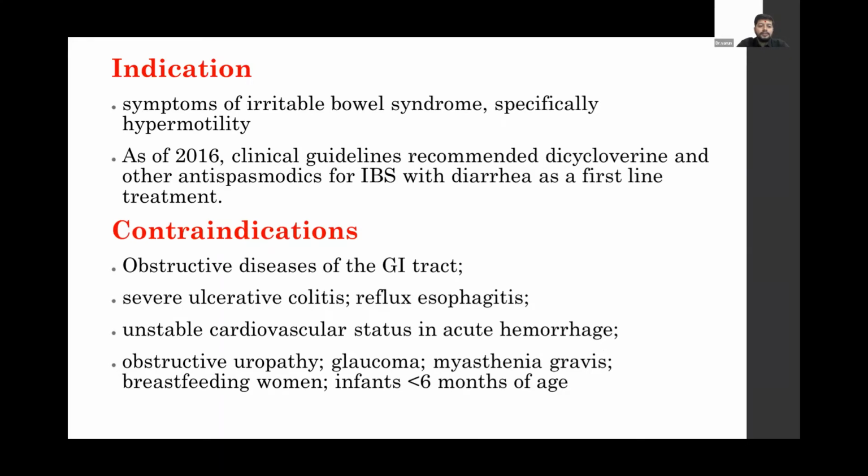Indication for dicyclomine is irritable bowel syndrome, specifically the hypermotility or diarrhea type. The 2016 clinical guideline recommends dicycloverine and other antispasmodics for irritable bowel syndrome with diarrhea as first line treatment. It is contraindicated in obstructive disease of the GI tract, severe ulcerative colitis, reflux esophagitis, unstable cardiovascular status in acute hemorrhage, obstructive uropathy, glaucoma, myasthenia gravis, and breastfeeding women or infants less than 6 months of age.